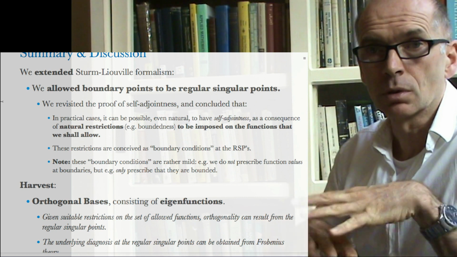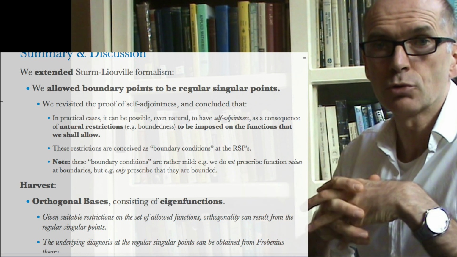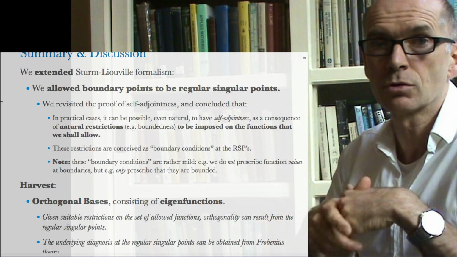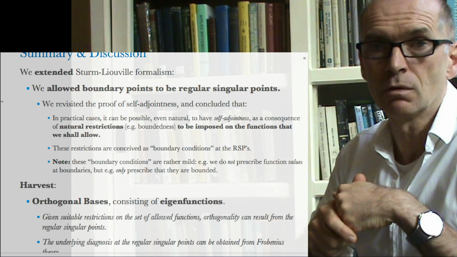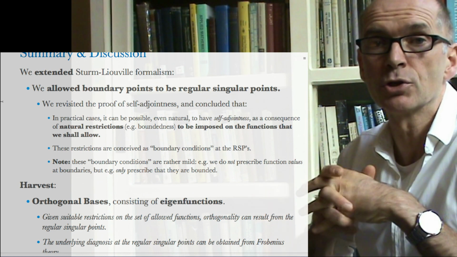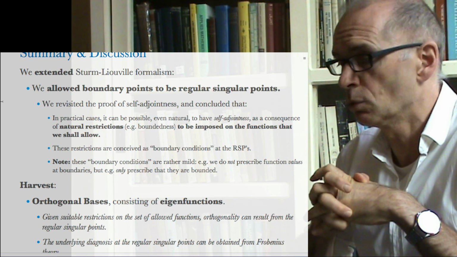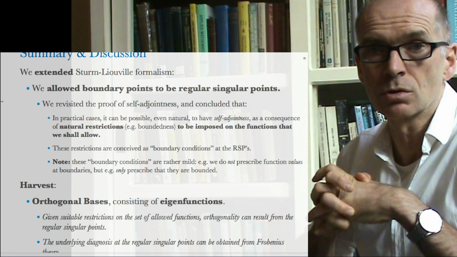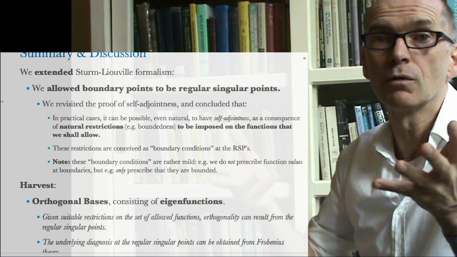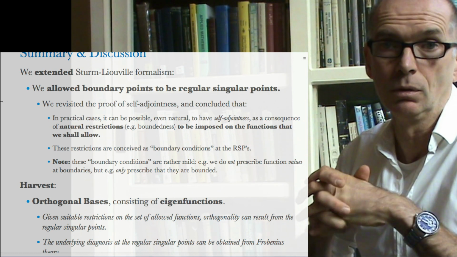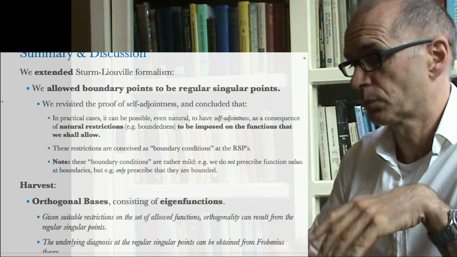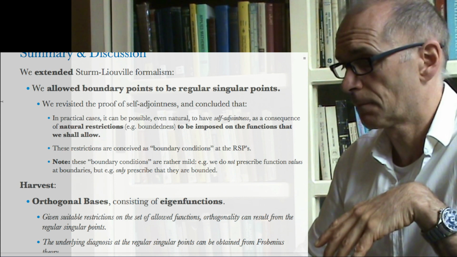If you impose it, I want to only work with the finite solution, so I only work with the Legendre polynomials and not all the other Legendre functions that have infinities. That's a natural restriction. And if you impose those restrictions, you will have self-adjointness in this case. And hence, the basis that you have of Legendre polynomials is orthogonal, and eigenfunctions. And as we saw, that is really convenient.